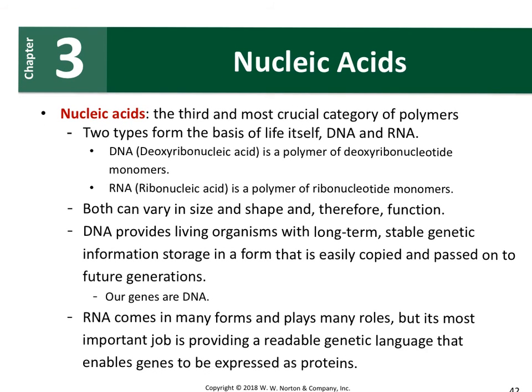Okay, so nucleic acids, the third macromolecule. This is the stuff of inheritance. There's two forms that we're aware of, DNA, deoxyribonucleic acid, and it's made up of these deoxyribonucleotide monomers, and then ribonucleic acid is like DNA, except it's single-stranded instead of double-stranded.